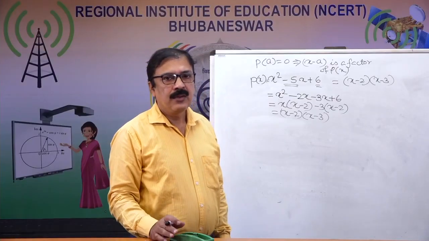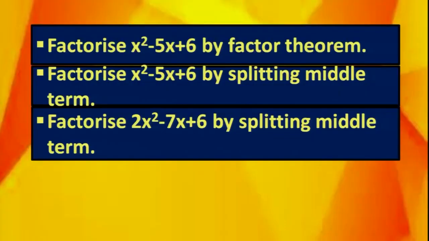Now see, we have to solve another problem, that is factorize 2x square minus 7x plus 6 by splitting middle term. 2x square minus 7x plus 6.